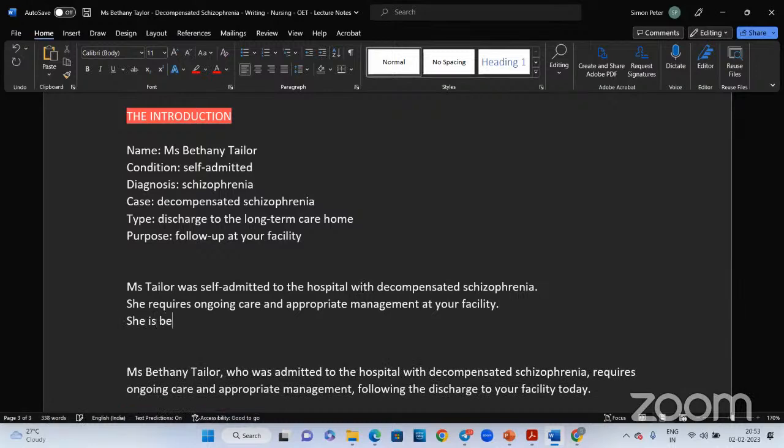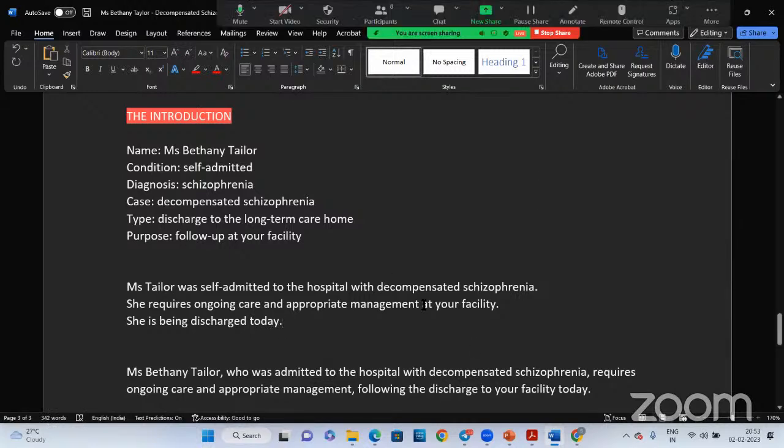She is being discharged today. We need not write to your facility because already here we are. If you write here, it will be at your facility. Any one place you can write this one. At your facility. But if you write here, she is being discharged to your facility today.